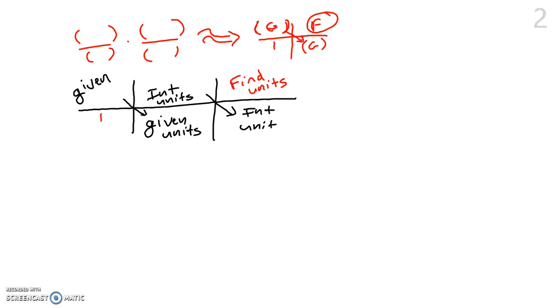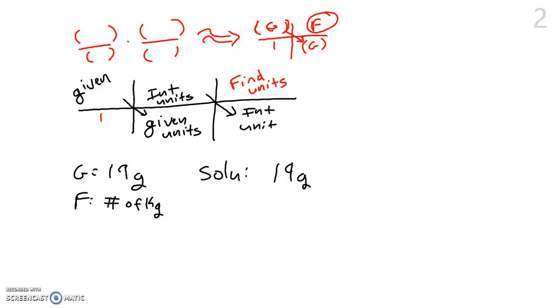So let's do that same example again. If we're given 19 grams, trying to find the number of kilograms, here's our solution. Grams. This unit is the same, so I know it's going to be in grams. And I know this is what I'm trying to find. This is in kilograms. Well, how many grams are in 1 kilogram?